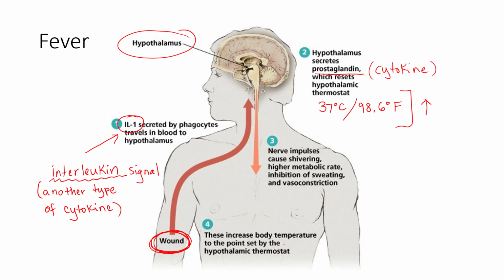And remember, we talked about that in the first video, where that is part of the second line of defense, a generic response to an invader, because increased temperature causes protein denaturation. And so that is going to slow replication of pathogens.